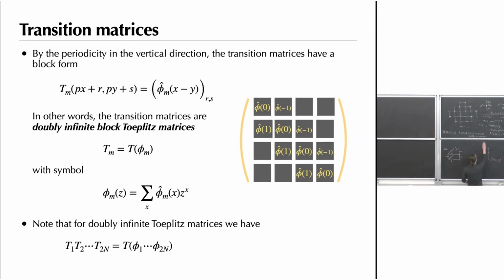So actually, let me write it up. Maybe I can just tell you immediately what the transition matrices are here. The phi_m in this case is either at an odd step or an even step.